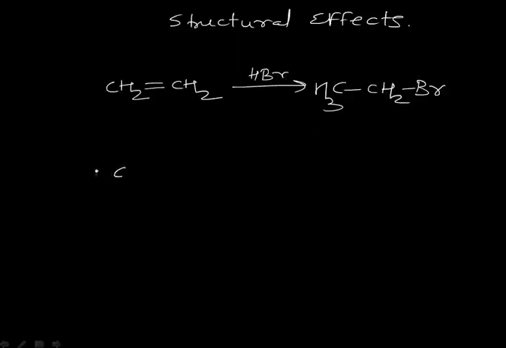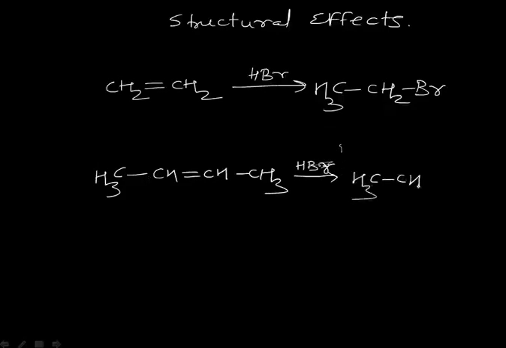Another example, if you take CH3CH=CHCH3, that is 2-butene, again addition of HBr across the carbon-carbon double bond of 2-butene, we get CH3CHBrCH2CH3, that is 2-bromobutane as a product.